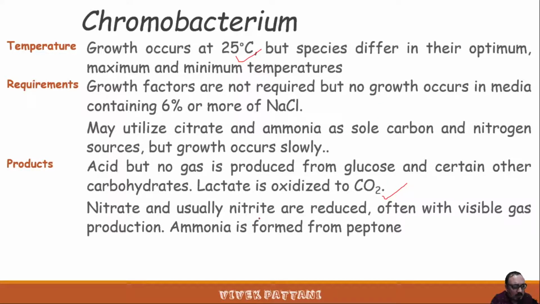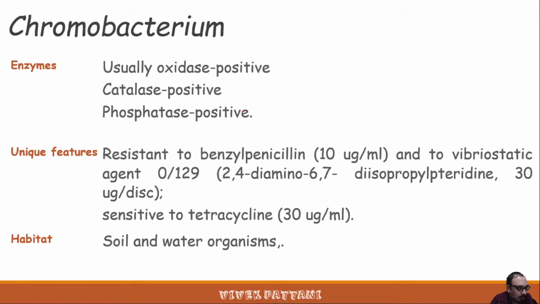Nitrate and usually nitrite are reduced, often with visible gas production, and ammonia is formed from peptone. Enzymes: they are usually oxidase positive, catalase positive and phosphatase positive. A unique feature is that they are resistant to benzylpenicillin and sensitive to tetracycline.